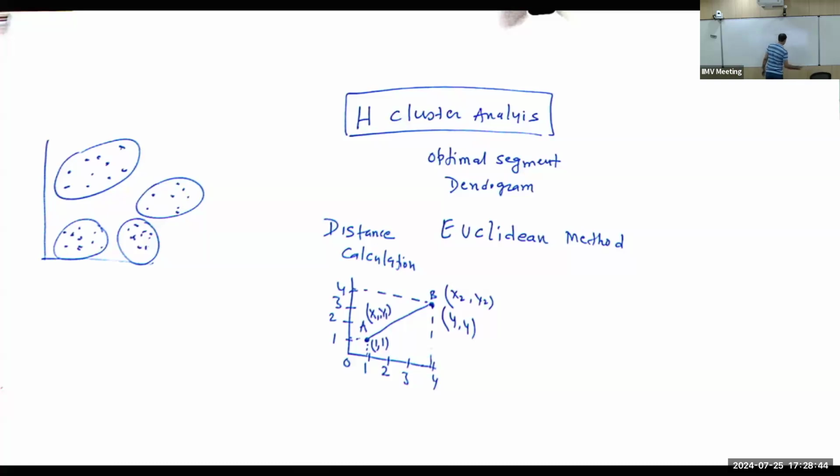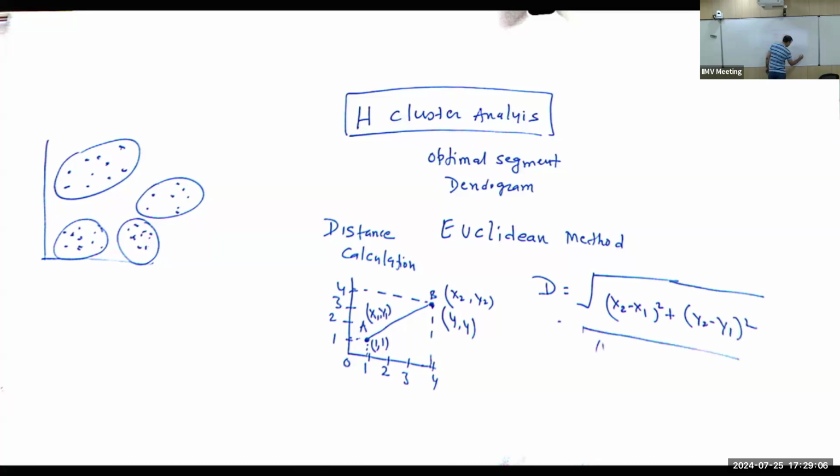Following the Euclidean method, the formula of distance d is equal to the square root of (x2 minus x1) square plus (y2 minus y1) square. This is the formula we are using in the Euclidean method. In this case, my x2 is 4, minus x1 is 1, square, plus y2 is also 4, minus y1 is also 1, square, is equal to 3 square plus 3 square, means 18, means 3 root 2.